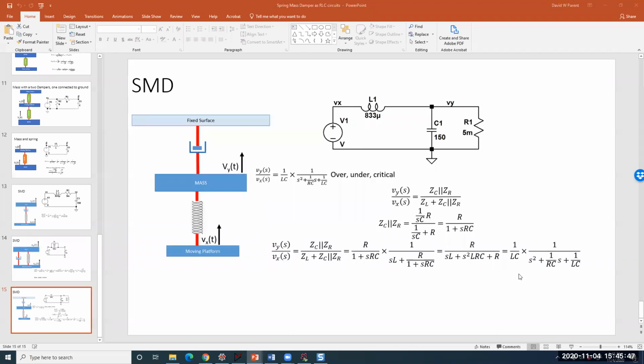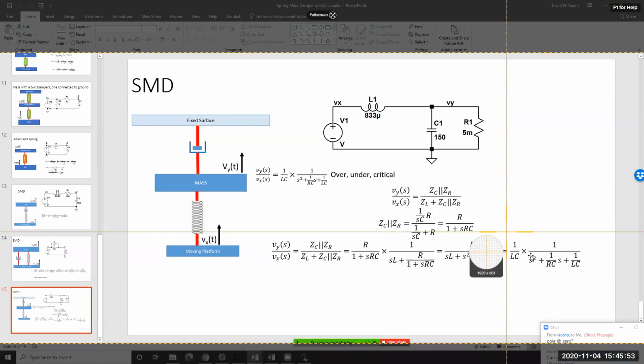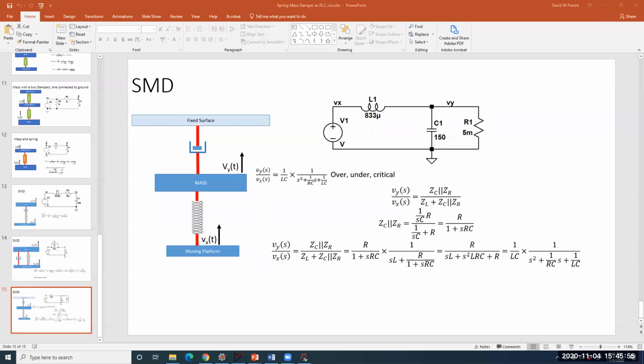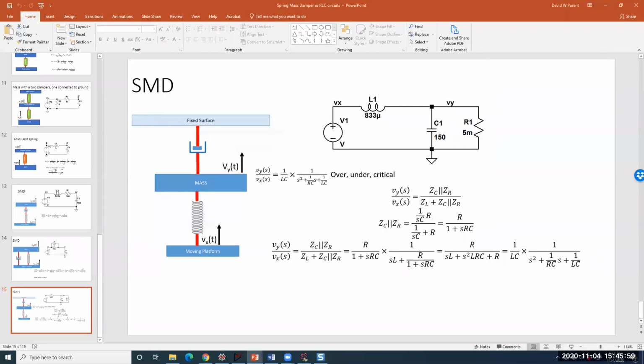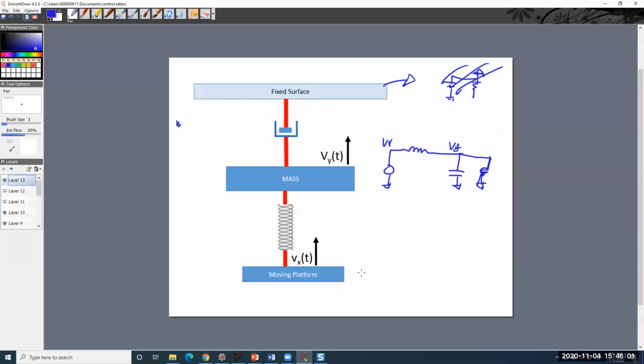Which I don't have memorized, and I would just have to do it just like you. Okay. But this is the transfer equation.